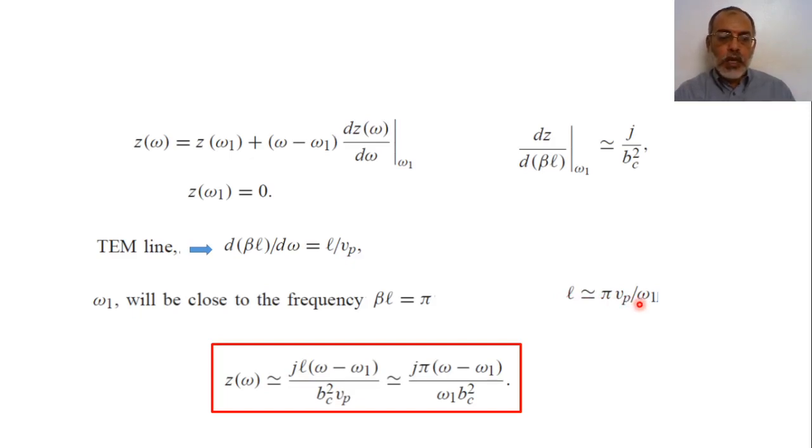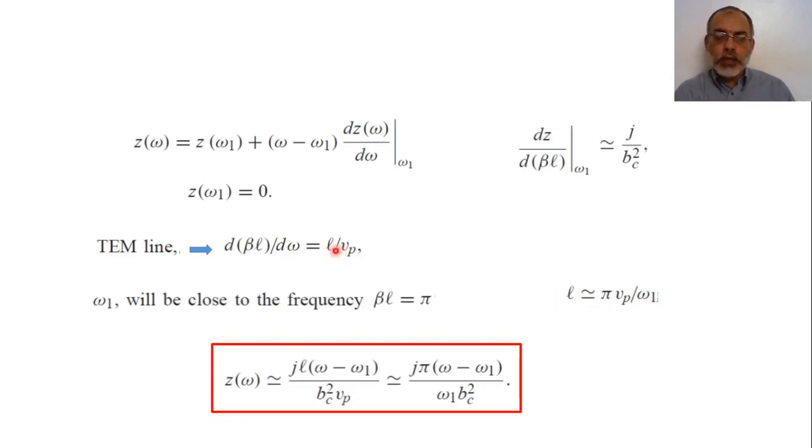And at omega equals omega 1, the value of L equals pi VP over omega 1. How comes? Effectively, as we mentioned, omega 1 will be close to the frequency when beta L nearly equals pi, when we said that the value of L is nearly lambda over 2. So beta is omega over VP. This means that at omega 1, L is nearly equal to pi multiplied by the phase velocity over omega 1.